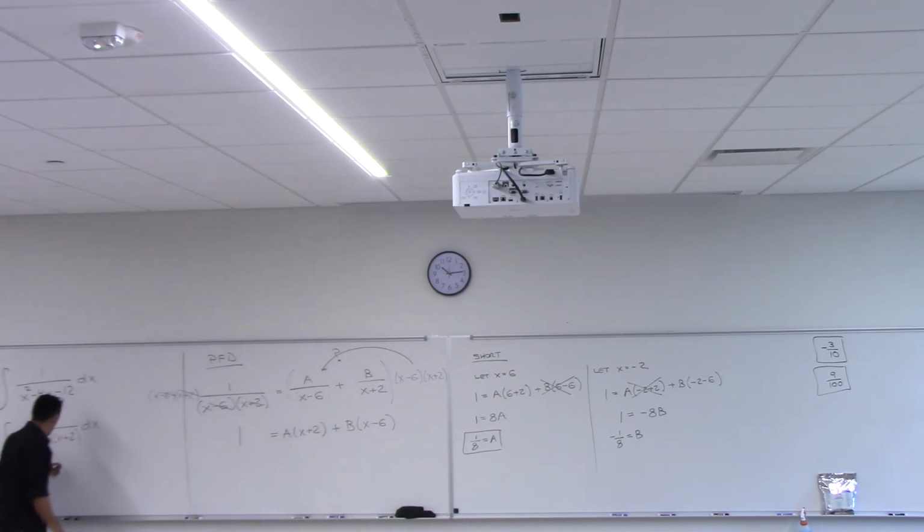So this becomes 1/8 over x minus 6, and then plus the b, which was -1/8, over x plus 2 dx. Now they're separated. I have decomposed this into 2 pieces, and now I can bring things out and just do natural logs.